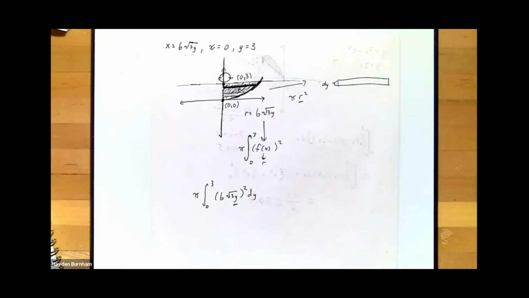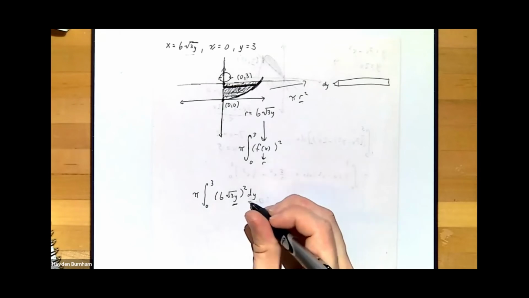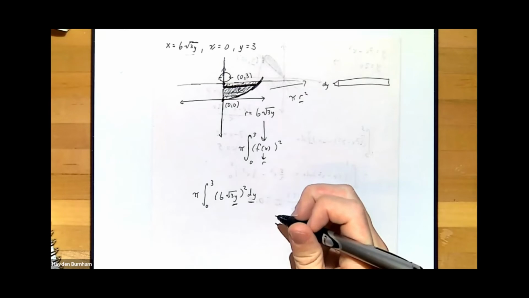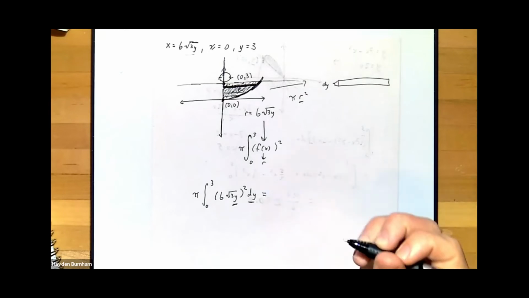And so it's kind of like this is third dimensional, except dy is an infinitely small number. But basically what we're doing is we're zooming in, we're multiplying by that tiny thickness, and then we're taking the sum of all of these disks together.